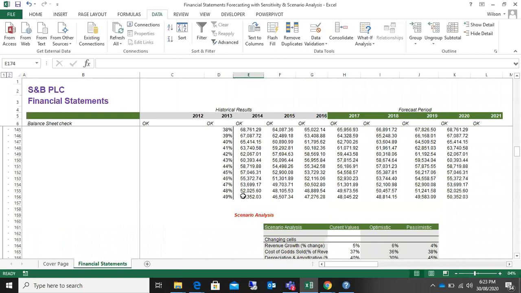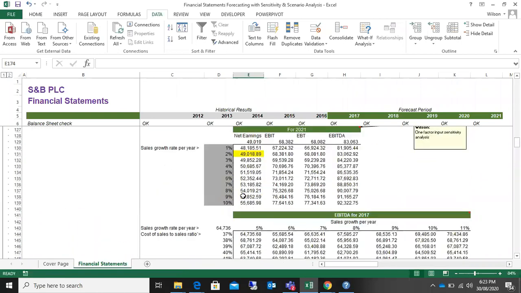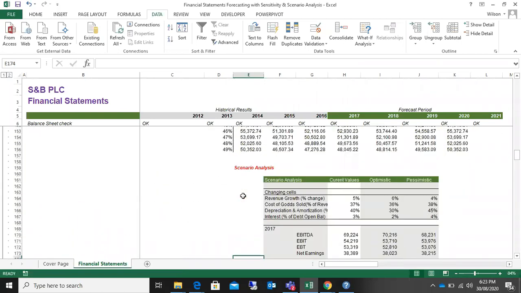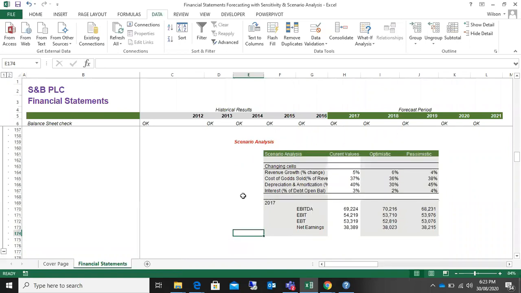Now, successfully, we've been able to do scenario sensitivity analysis and scenario analysis. So now look at this scenario analysis. We have our current value for 2017 to be this, right? And we have the optimistic. If we are currently at a revenue growth rate of 5%, and we're optimistic that this revenue growth rate will increase to 6%, then of course you can see that.